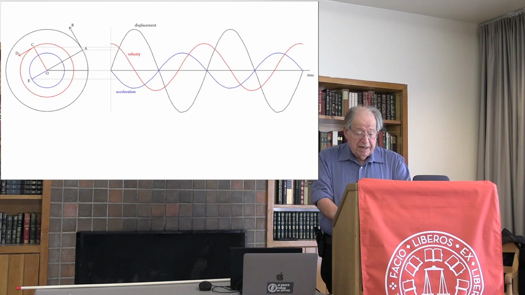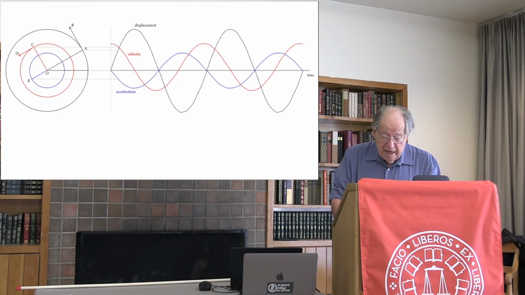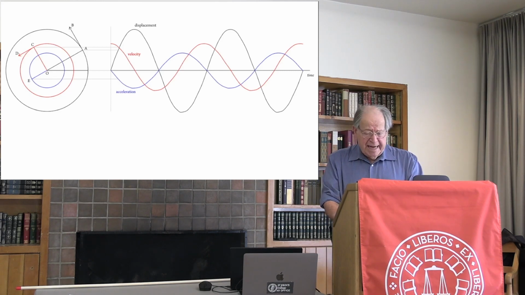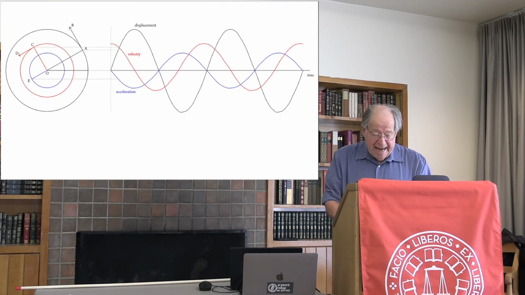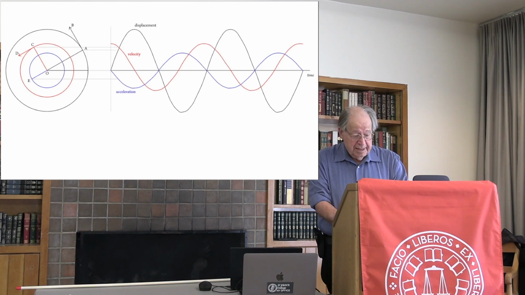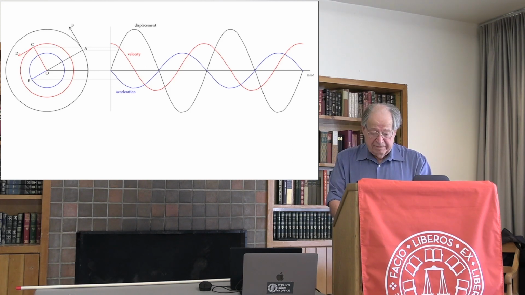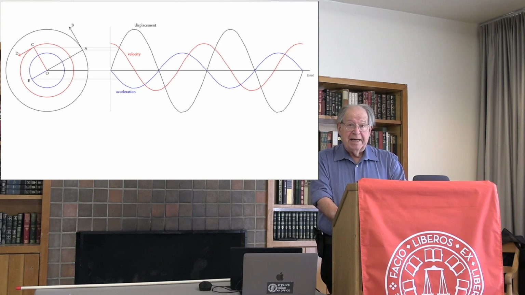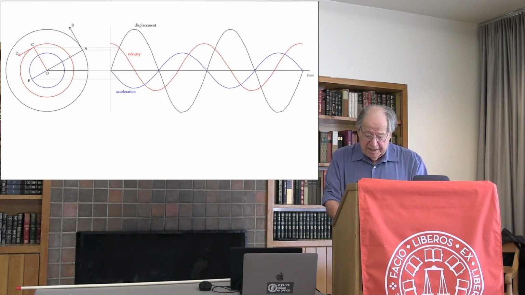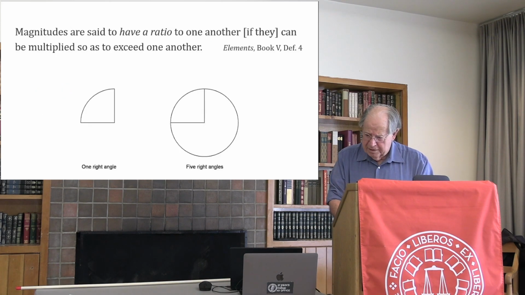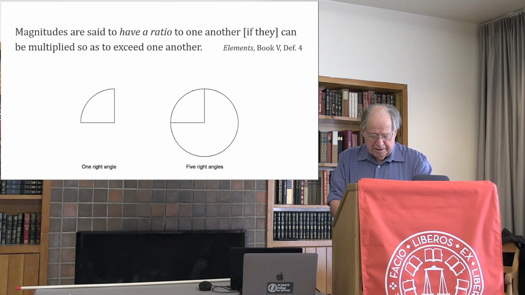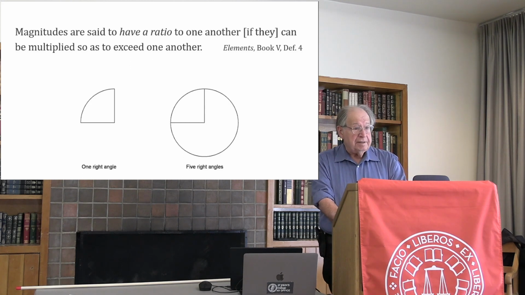But note that the paradigm circle itself, unlike the graph which grows out of it, expresses time as an angle of rotation, and angle is not a magnitude in the sense of Euclid Book 5, that is, capable of bearing ratio to another magnitude. As Euclid expresses it in definition 4, magnitudes are said to have a ratio to one another if they can be multiplied so as to exceed one another.